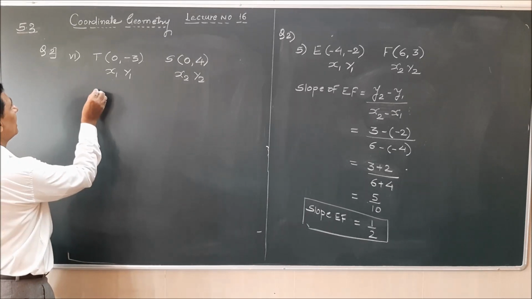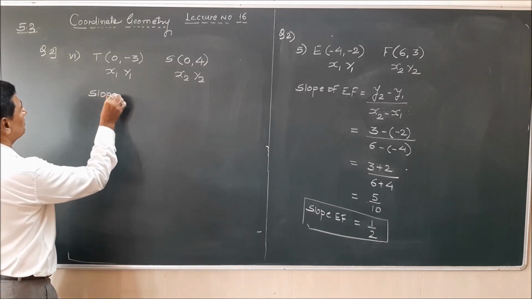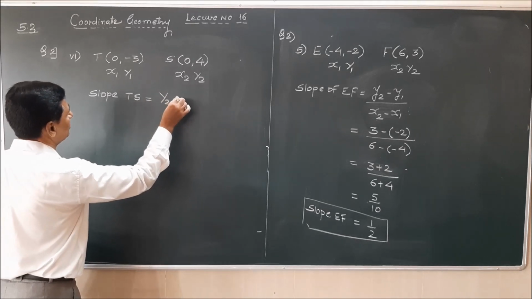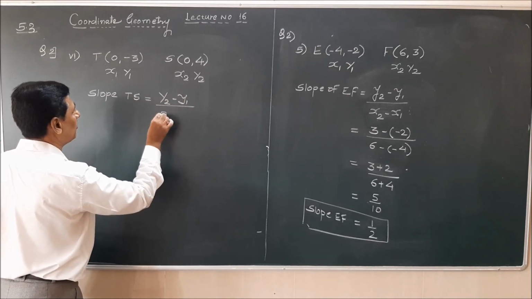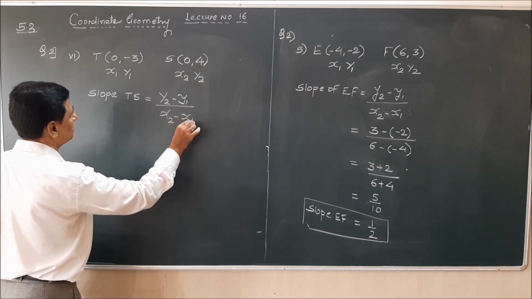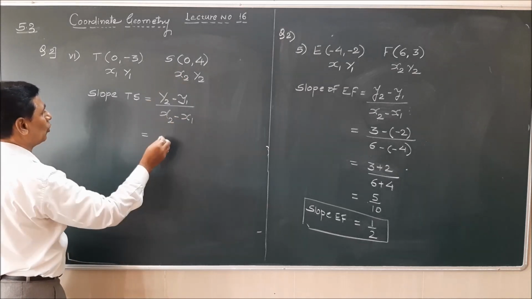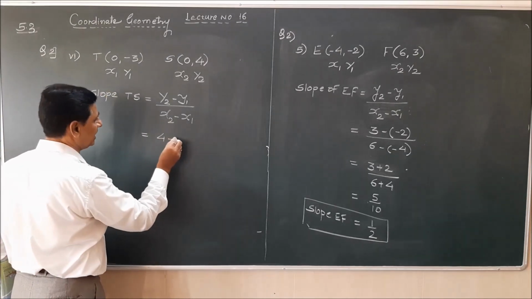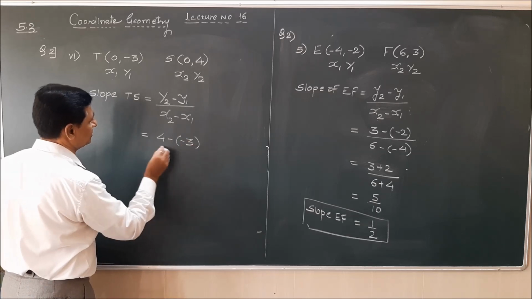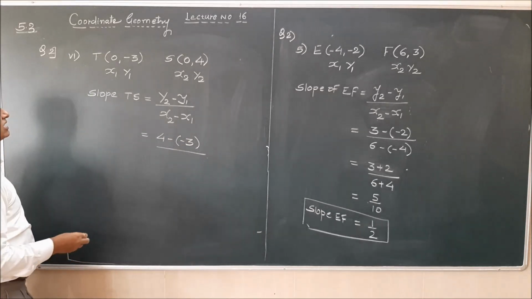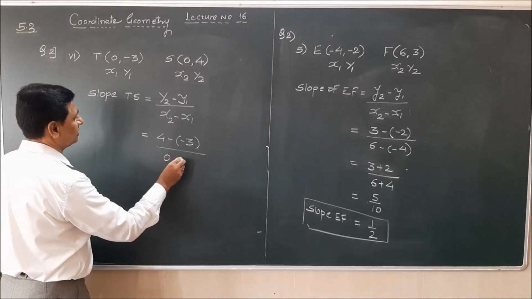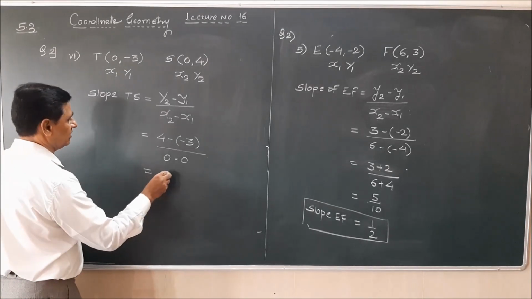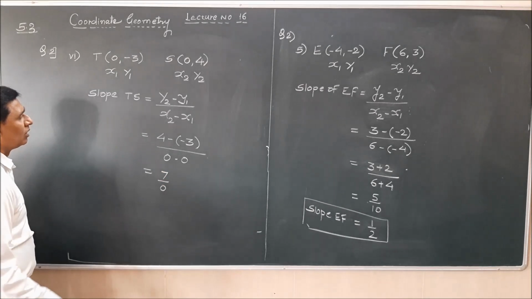So the slope of TS is equal to, the formula is the same, y2 minus y1 upon x2 minus x1. The value of y2 is 4, while the value of y1 is minus 3. Be careful here, minus of minus 3. x2 minus x1 is 0 minus 0. So you will find here 4 plus 3 is 7, 7 upon 0.